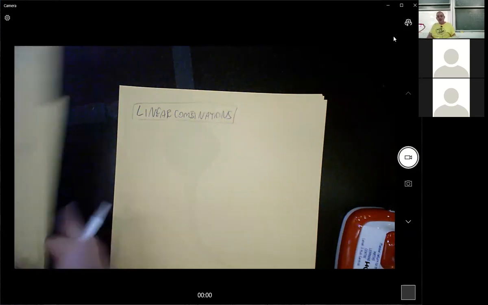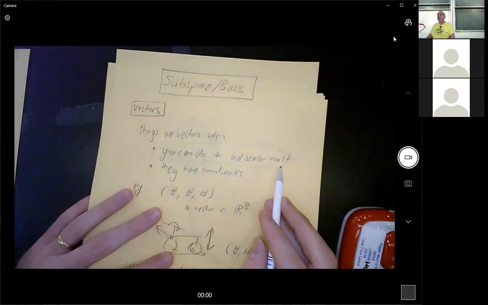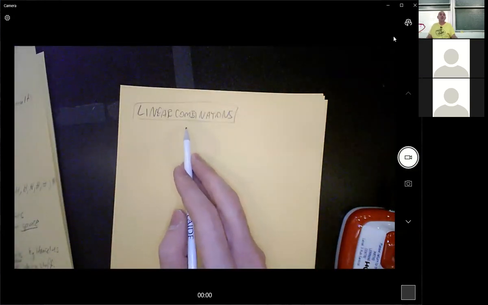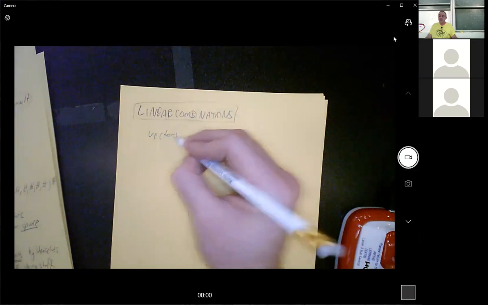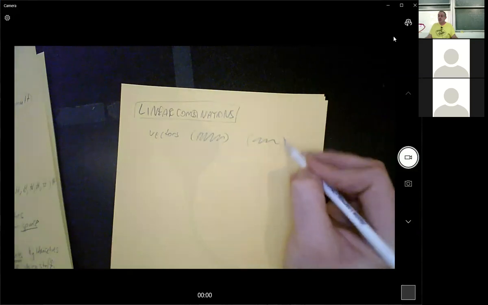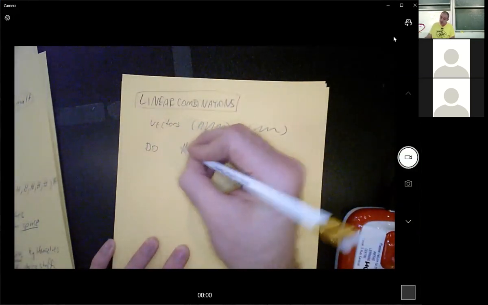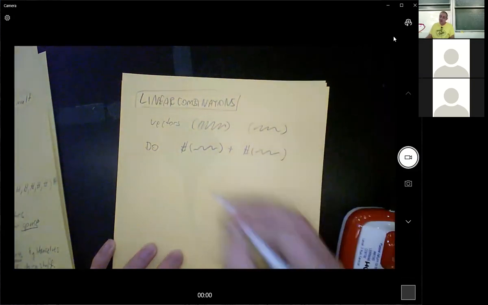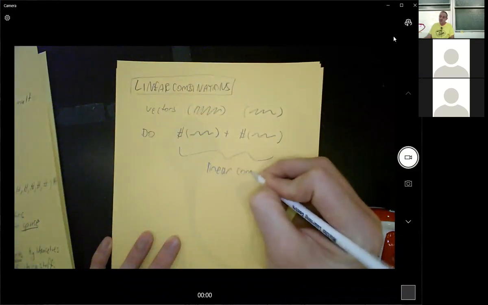This first thing that I said, doing plus and scalar multiplication, there's a word for doing both of those at once, and it's called a linear combination. So if I have some vectors, and I do this operation, some number times this vector plus some number times this vector, that thing is called a linear combination of those vectors.